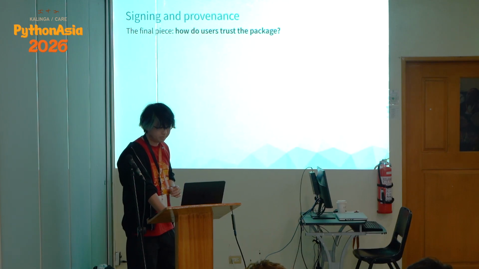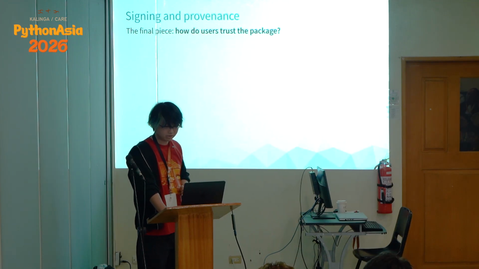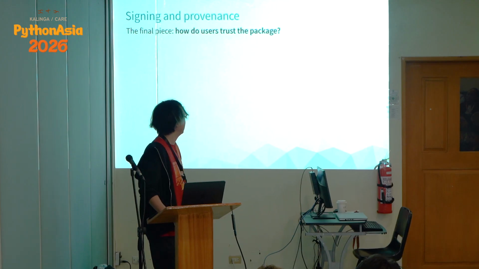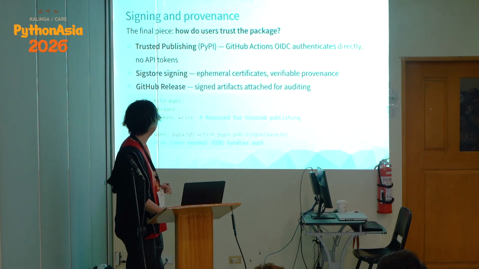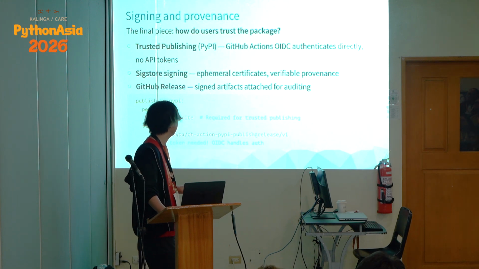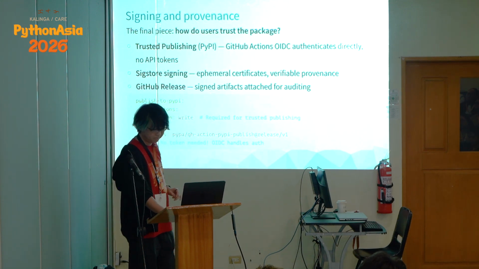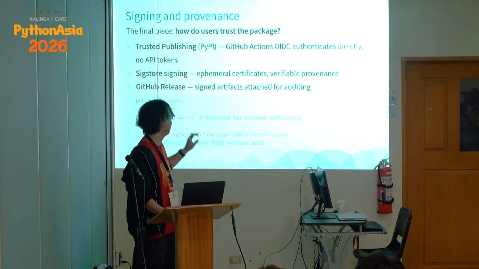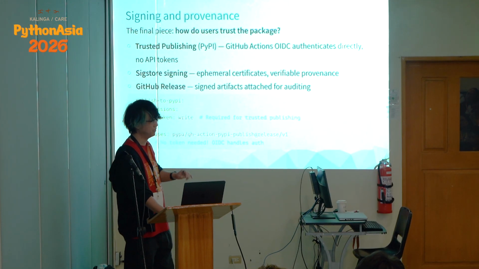And the last security piece: how do users actually trust your package? Let me walk through it very briefly, because this is a topic that is already explained in the PyPA document, by the way. The key message from this slide is please follow that document.